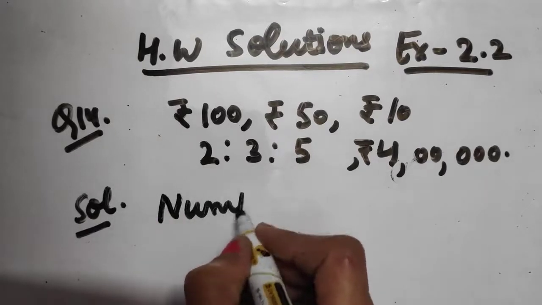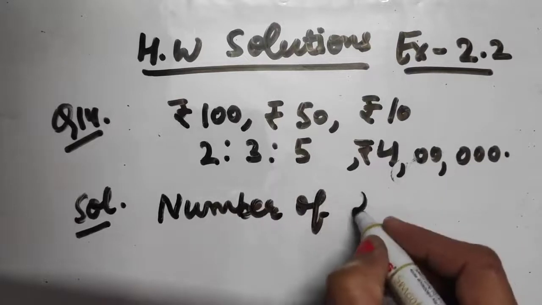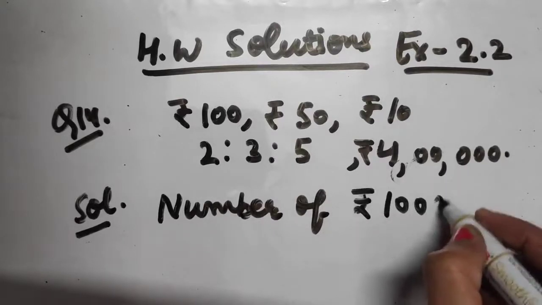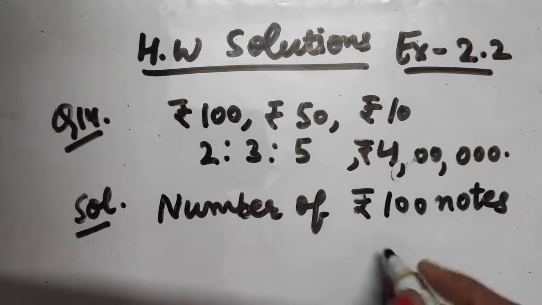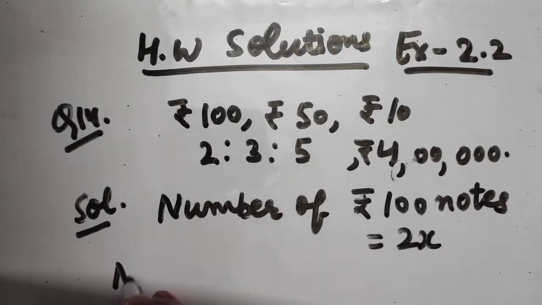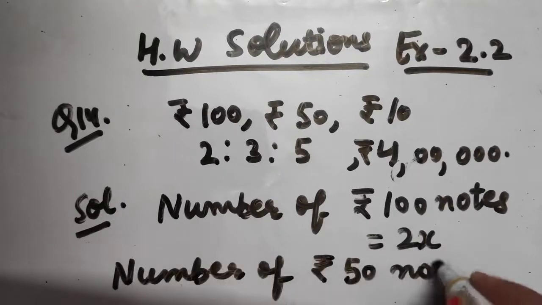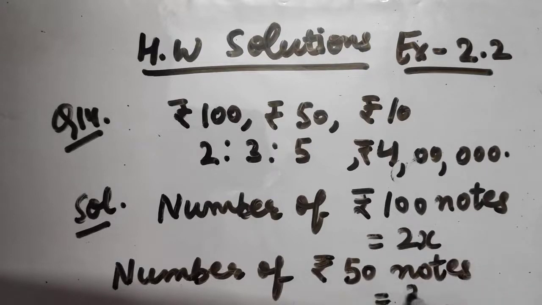Number of rupees 100 notes is equal to, as the ratios are given, so it will be 2x. Number of rupees 50 notes is equal to 3x.